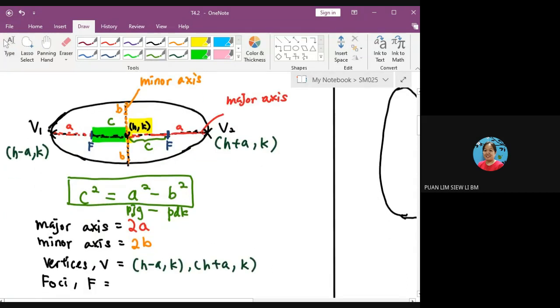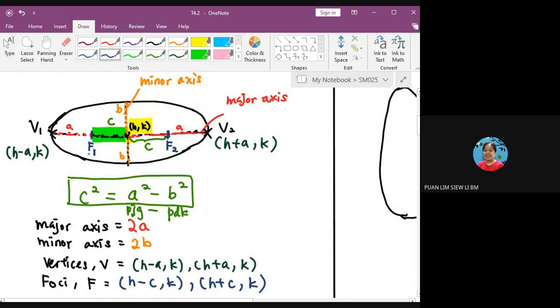So, bila saya nak cari focal point satu, focal point yang kedua, focal point yang satu yang di kiri, focal point yang kedua di kanan. So, ke kiri bermaksud koordinat H akan tolak C. Kalau nak ke kanan, H tambah lagi jarak C. So, itu yang focal point kita.